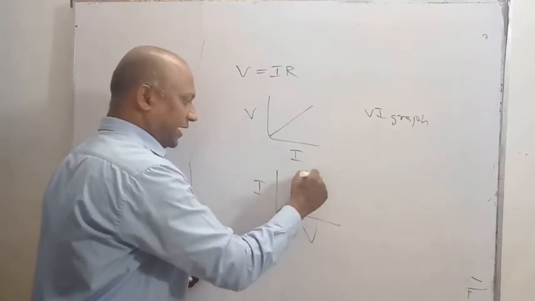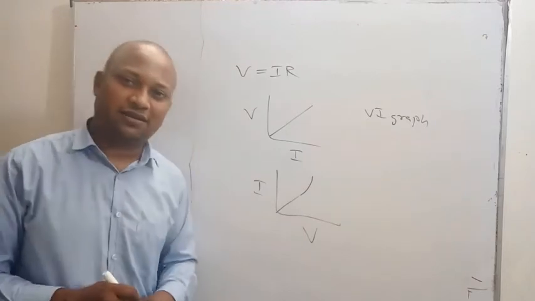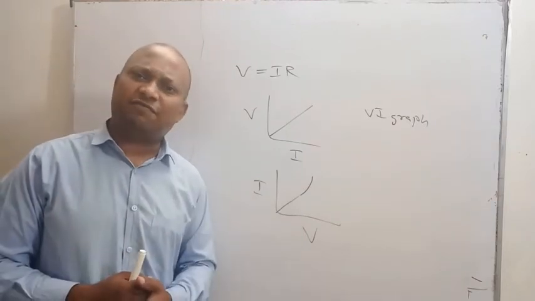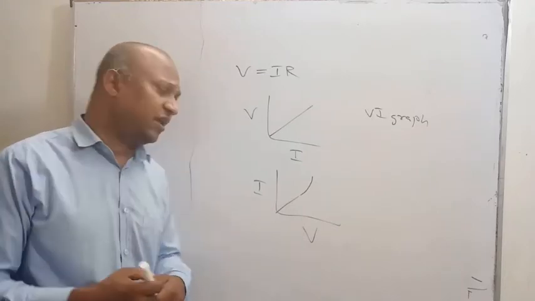The graph bends. It is not a straight line. Non-linearity is there. And for a semiconductor, the graph behaves very differently.